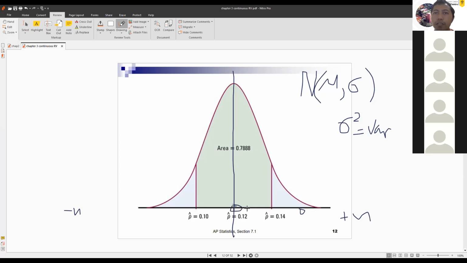At this point, we can say this is the mean, the top point here. Actually, the mean is here because the mean is a member of the random variable. But the y-axis here is a probability.